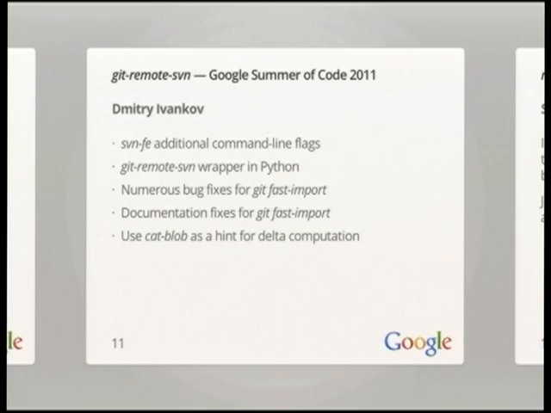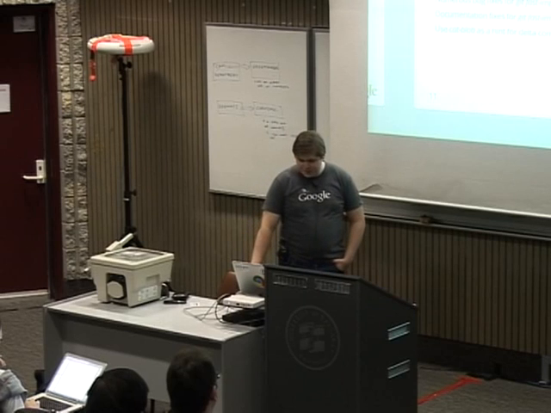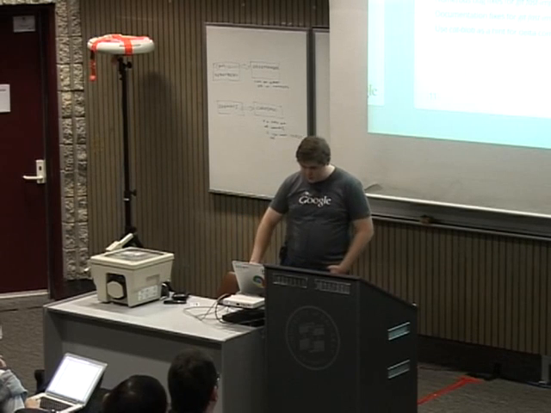And then, as part of this, he did a whole lot of testing, and he found numerous very scary bugs in git fast import. Not only found them, but actually fixed them, and also updated the documentation that didn't cover the behavior that caused these bugs. So he did some excellent code maintenance work, you might say, but it was very important.